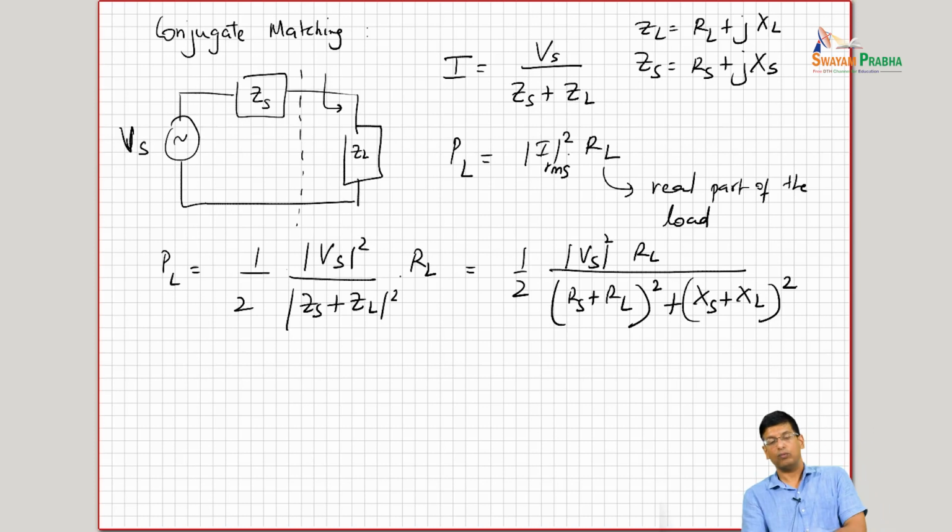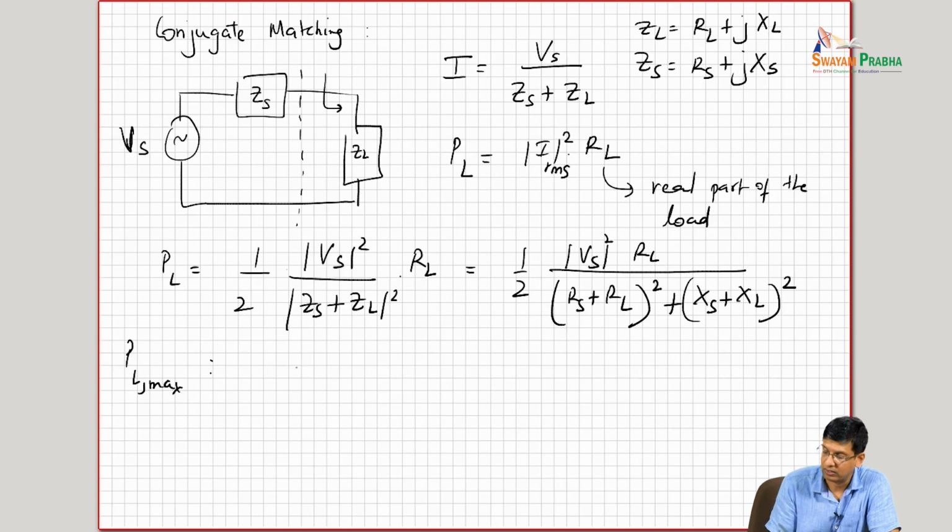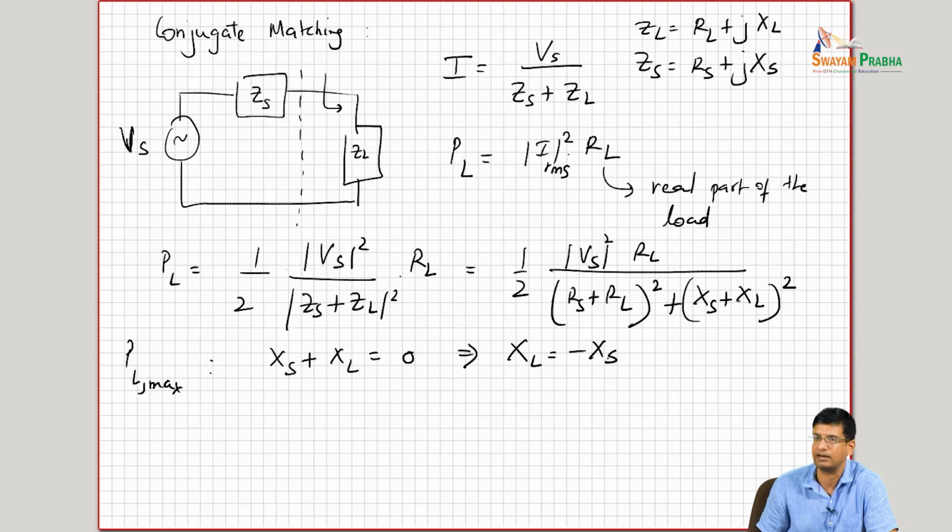So if we want to maximize the power that we are sending into the load, what we see is that Xs plus XL must go to 0. So this implies XL must be minus of Xs, right? And we can basically see that there's RL in the numerator, (Rs plus RL) squared in the denominator. And we can basically show that the power will be maximized when Rs is equal to RL, okay?